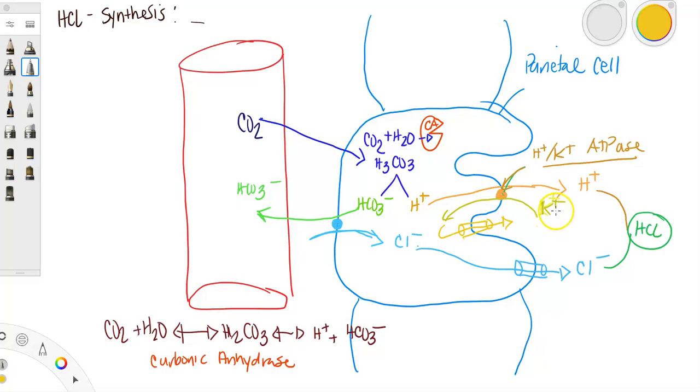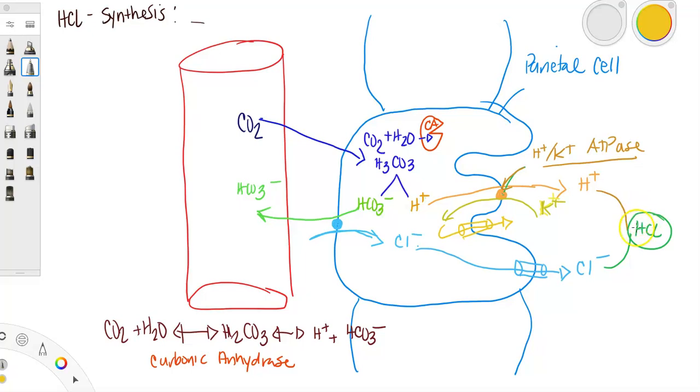So we pump that potassium, and that's why we have to pump it, because we're pumping the hydrogen out into the lumen because we're pumping the potassium in, because of course there's more potassium inside the cell than out of the cell just normally. So that is how hydrochloric acid is created.